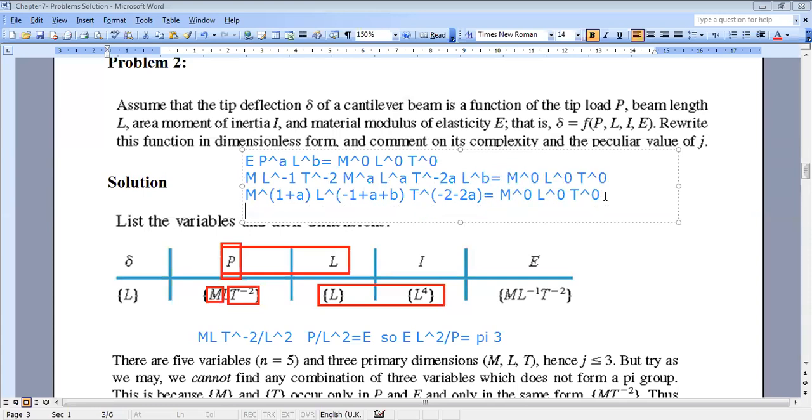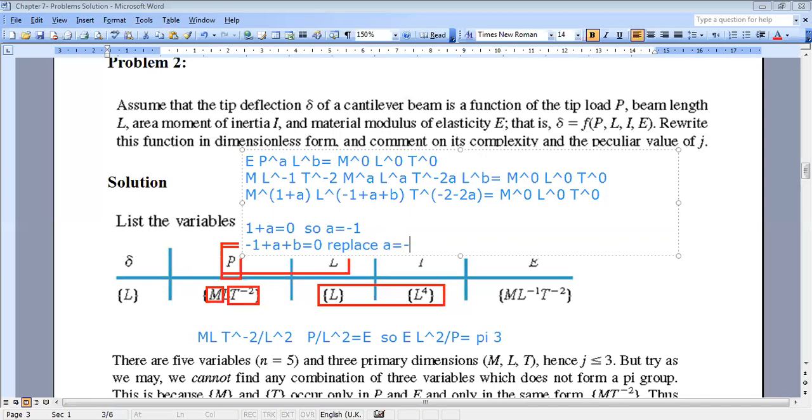And now you have only to do comparison. So first equation is 1 plus a equals 0. So a is equal to minus 1. Second equation is minus 1 plus a plus b equals 0. And if you replace a by minus 1, you get that b is equal to 2.